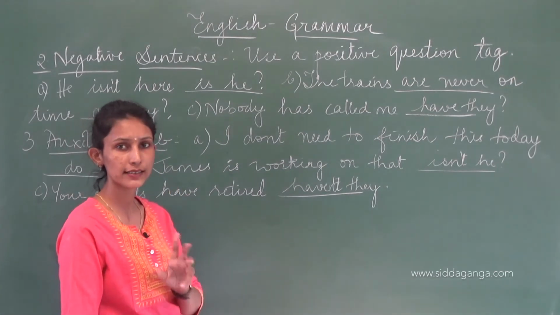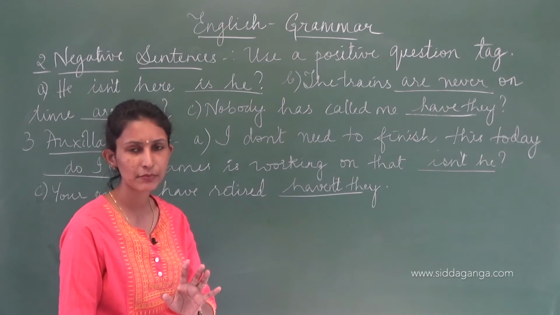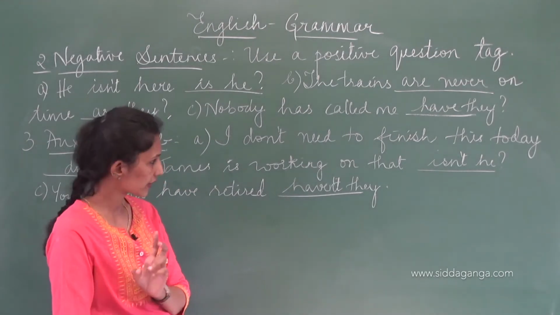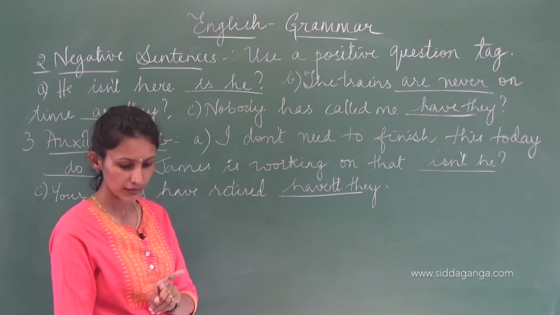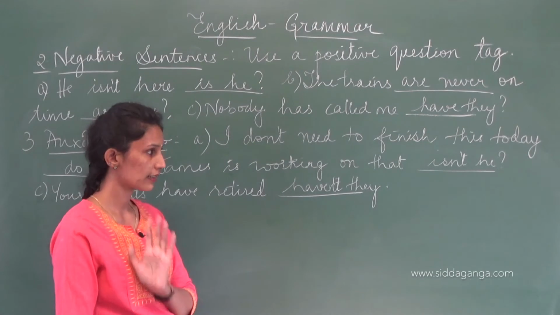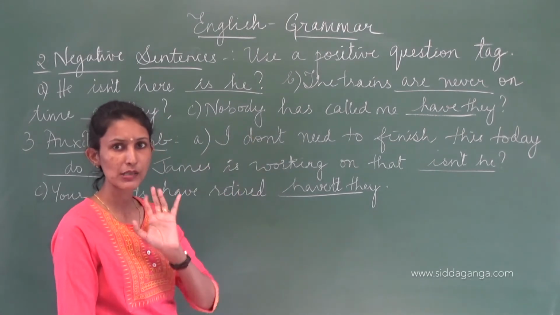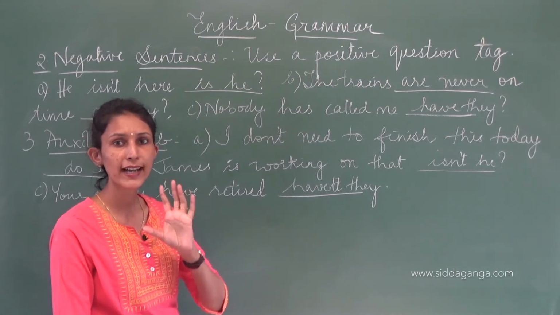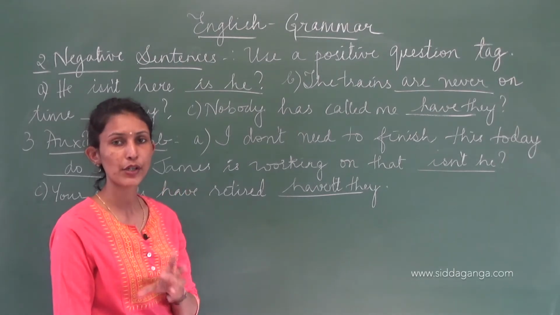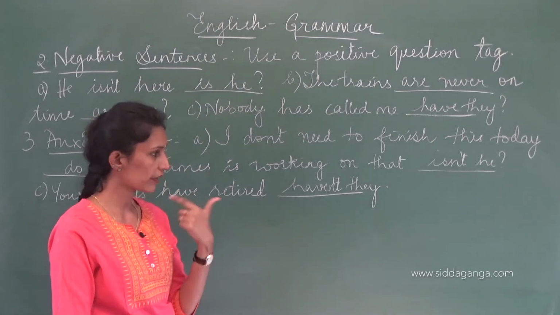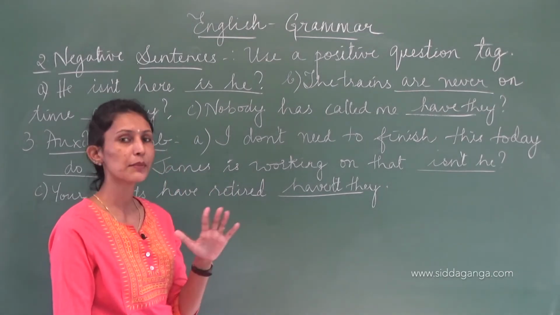Whenever the verb is in present simple or past simple tense, and the sentence is positive, then we always use don't, doesn't, didn't. I'll give you examples, but understand the statement again. When we don't have an auxiliary, a helping verb already present in the statement, sometimes there is no auxiliary.